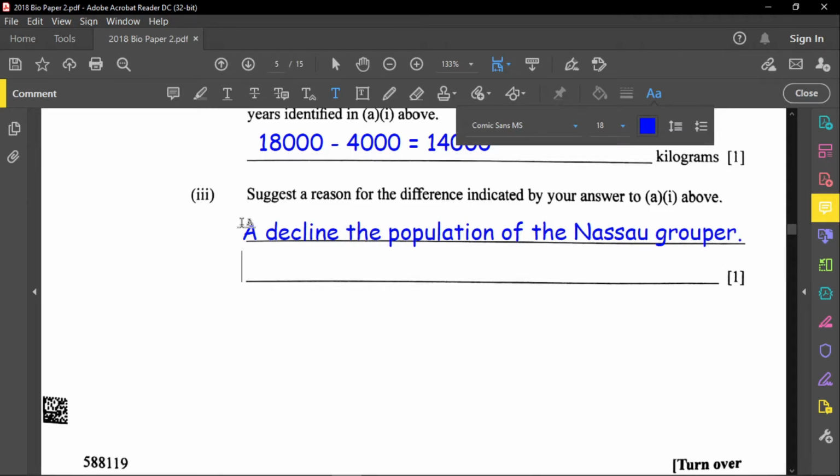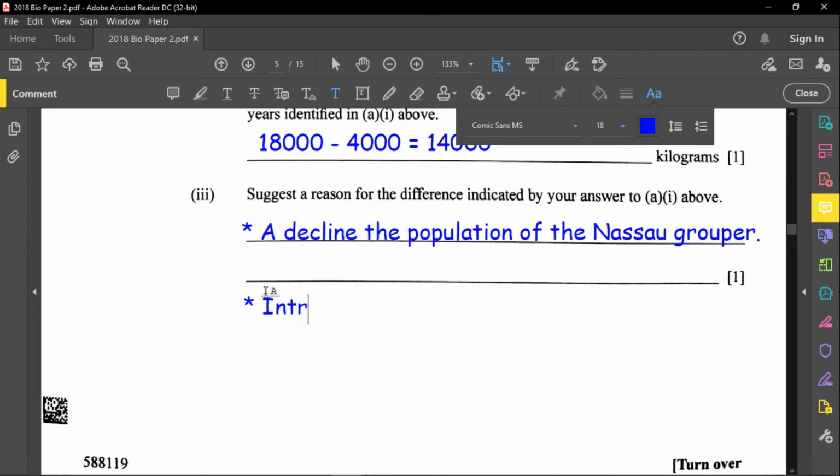What other reasons do you think could be for this drastic decrease as well? Now, the amount caught, it could be a limitation on the amount caught, isn't it? So it could be an introduction of a closed season or a limitation in the amount caught. So maybe before 1998, there was no closed season. You just catch as much as you want. So introduction of a closed season, or it could also be limitation in the amount caught.